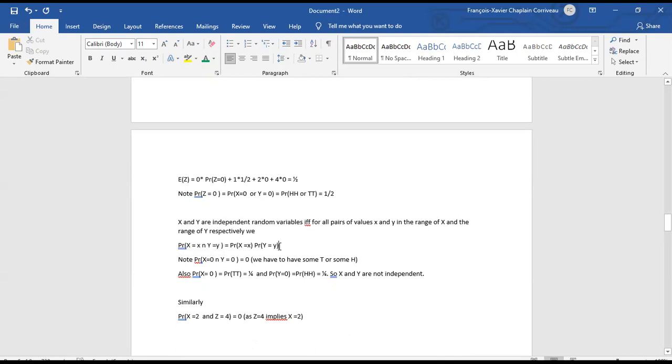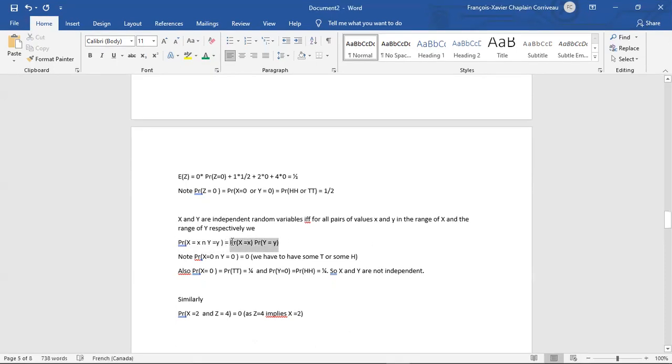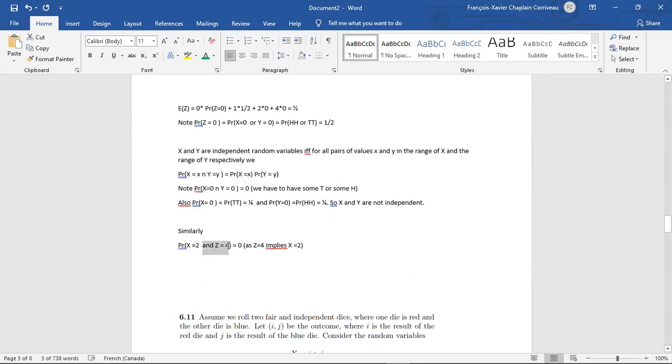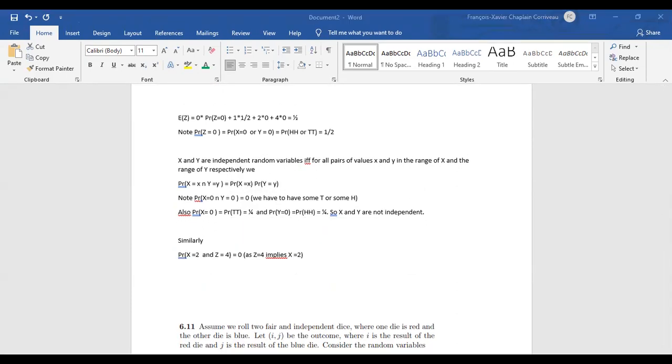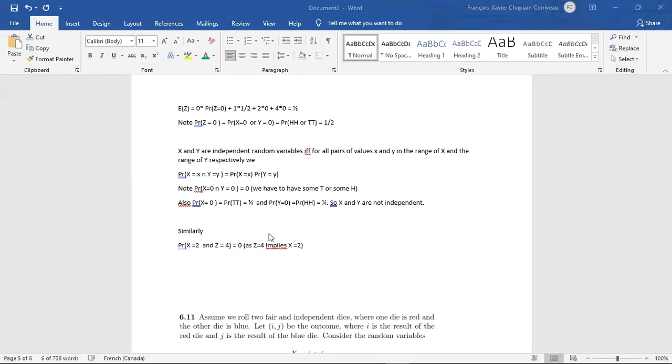But it's valid in the other way. If I put z equal to 4 here, I get a 0 on the right-hand side. But is this probability 0? And the answer is yes, right? Here we get 0 is equal to 0, so it doesn't really work out.